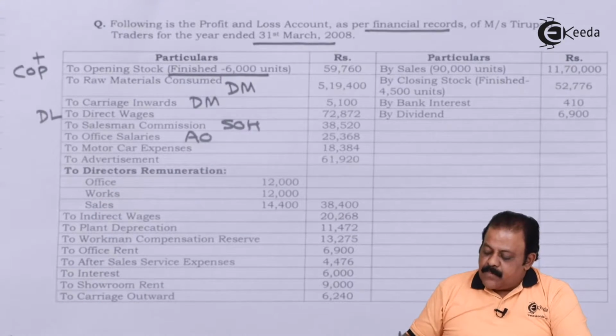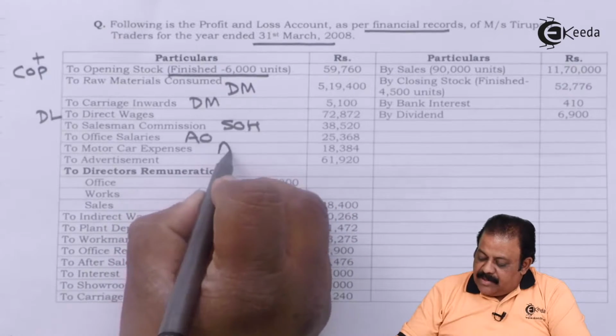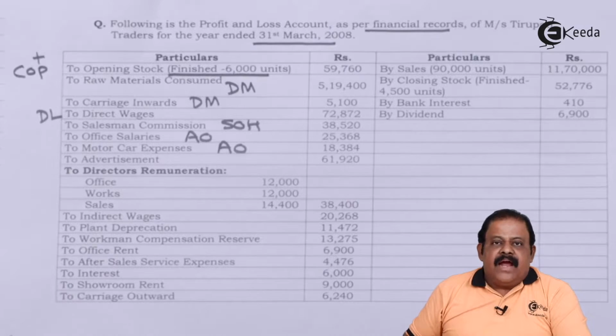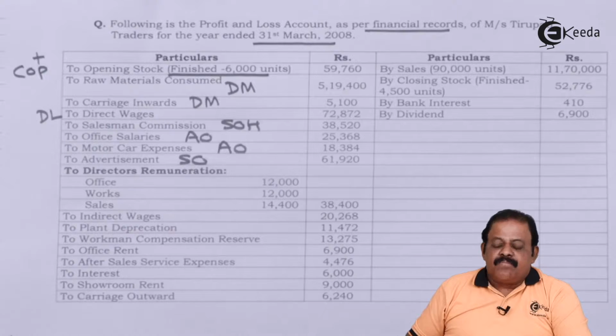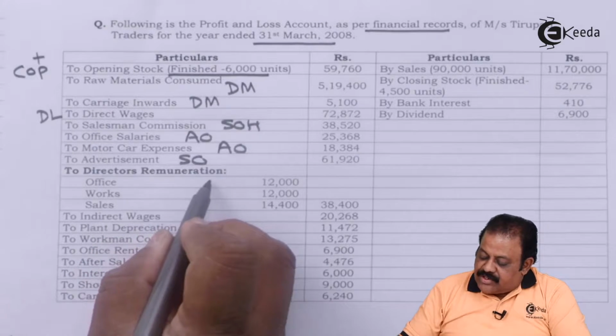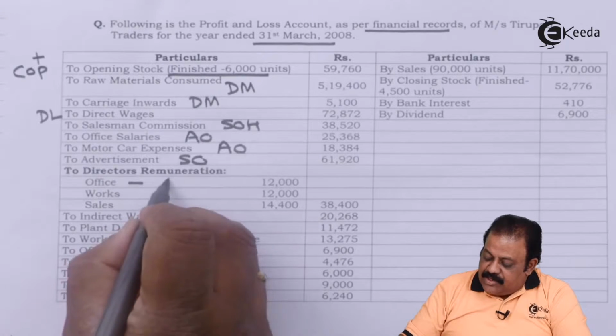Office salaries, administration overheads. Motor car expenses, administration overheads. Advertisement, selling overheads. Director's remuneration for looking after office work, administration overheads.